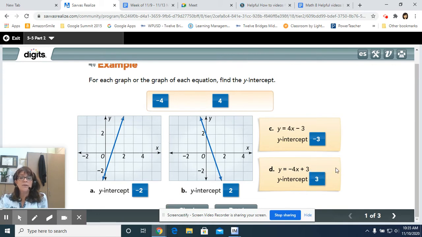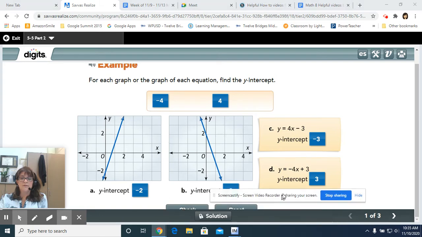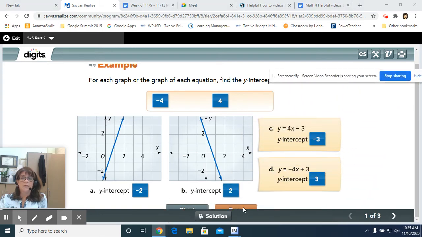So that is literally what you're looking for, either on the graph, where does it cross, or in the equation, as long as it's in this format, what's in that b position. Well, let's give it a check. We are correct.